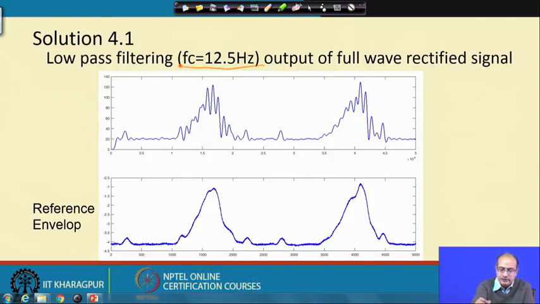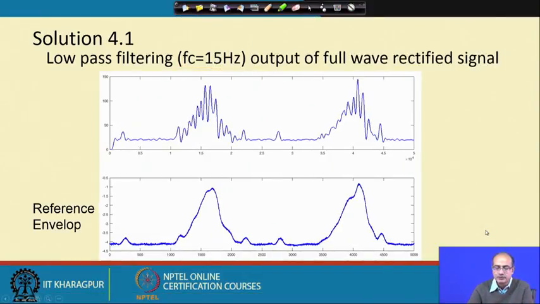Next, we would increase it further to see what is the change. So, it is increased to 15 hertz. Okay. So, as it is increasing, the changes are coming in the same way.